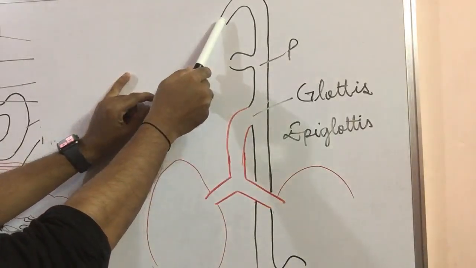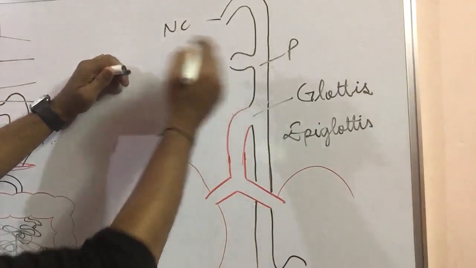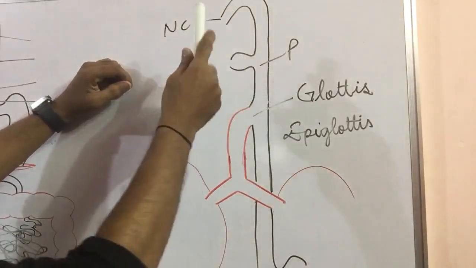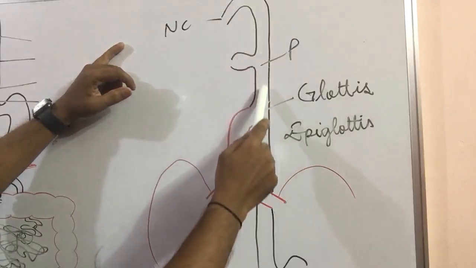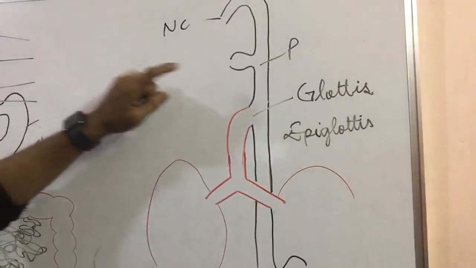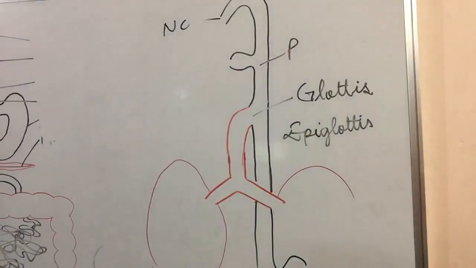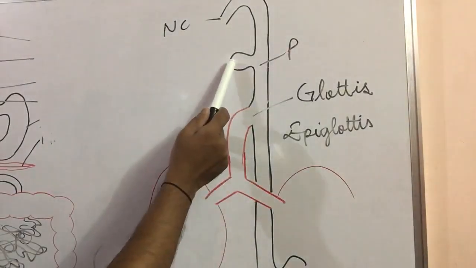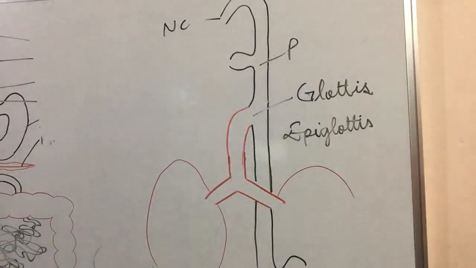This is called the nasal pharynx, this is the nasal chamber, this is the buccal cavity. Air enters from the nasal chamber or mouth, reaches here, then changes its path and goes this way. Whereas the food we eat from the mouth goes this way. So how does our body manage it?